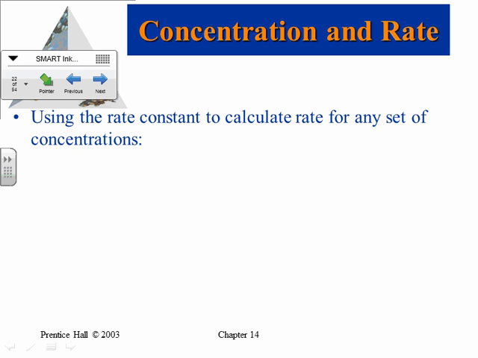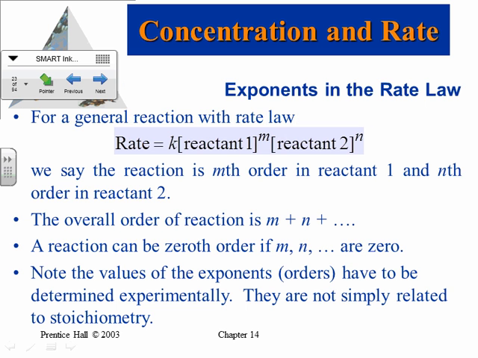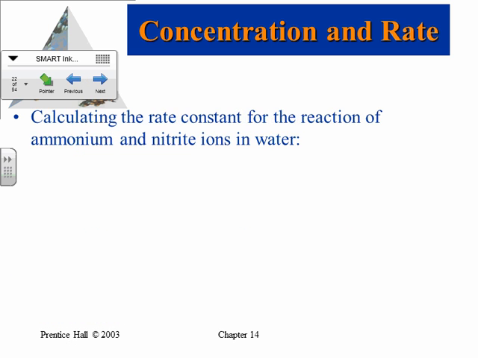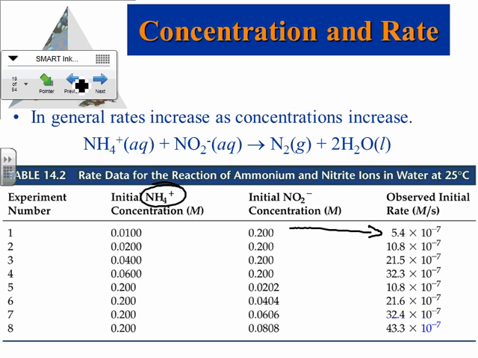Then we can use the rate constant to calculate the rate for any set of concentrations that we might pick. Now, is there a specific one that I gave you on here? I did not. So let's say we pick a set of concentrations that's not on our chart. Let's say we've got the same concentration of NH4+ and NO2-, 0.01 of both of those.